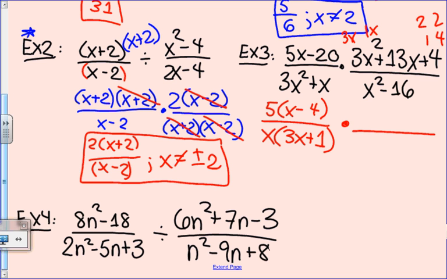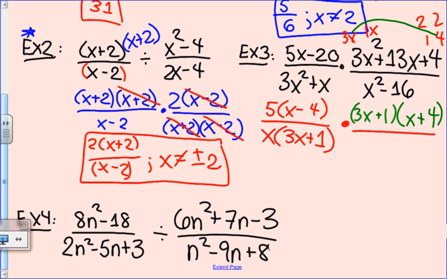Okay, which of those is closest to the 13? You said 3 times 4. Alright, you said 3x and 4. Alright, what else goes? x and 1, okay. Plus 1? Awesome.